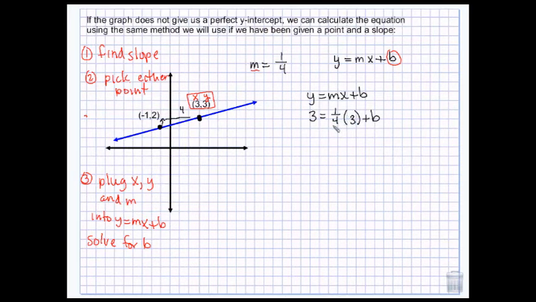Now 4 doesn't go into 3, so I have to multiply these together. So I get 3 equals 3/4 plus b. I want to subtract 3/4 from both sides. Well, what's 3 minus 3/4? 2 1/4. I can do it that way.